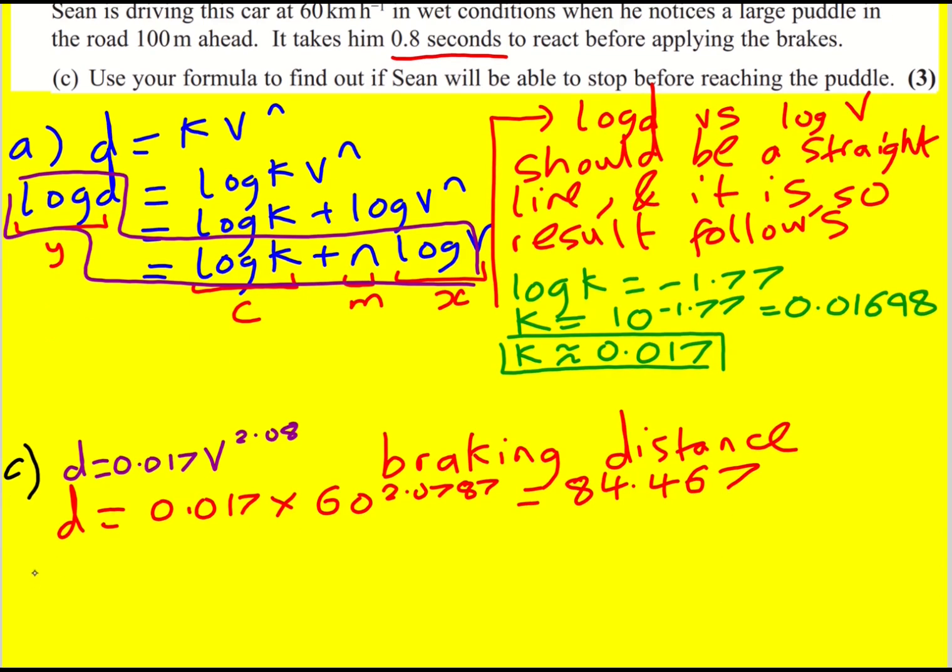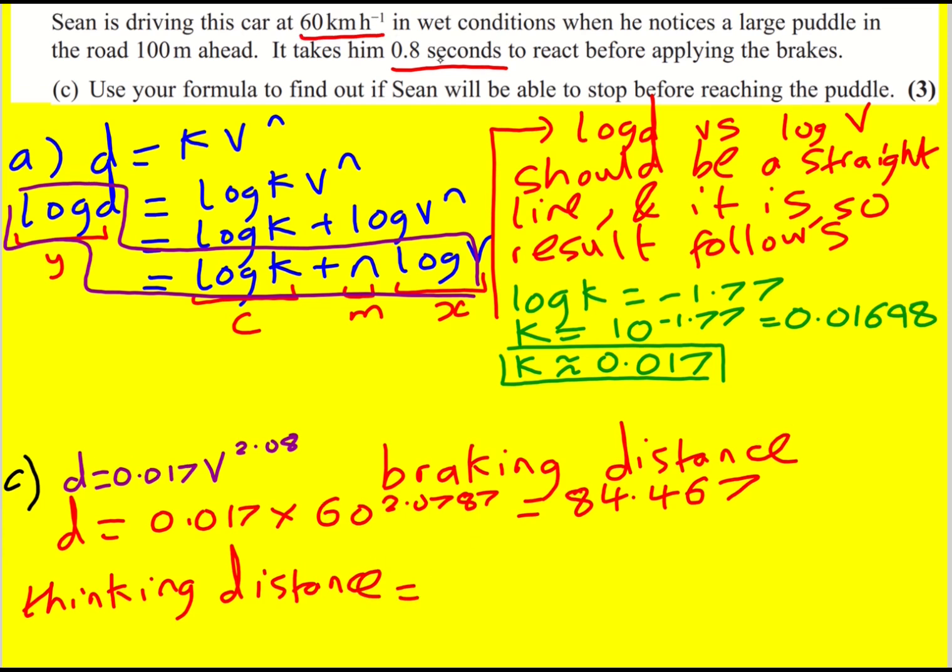Now we've got to think about the thinking distance. Well, it's going to be speed times time, but they're not in the same unit. At the moment, I've got seconds and hours, and also we want to know the distance in meters.